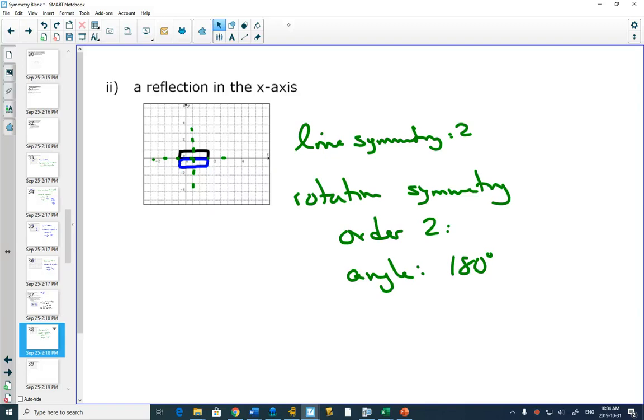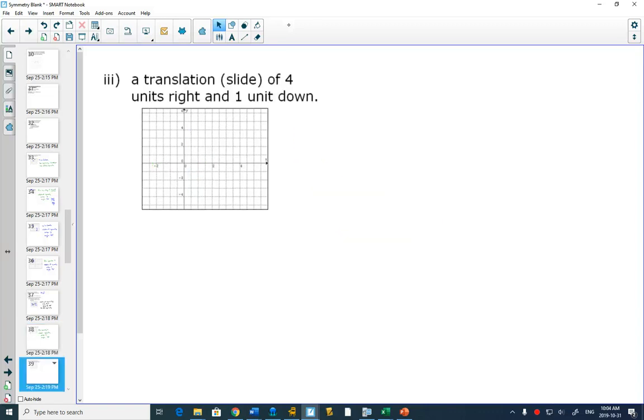One more example to go. And the last one.